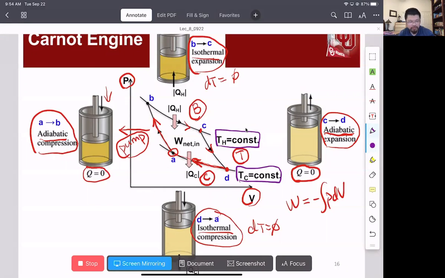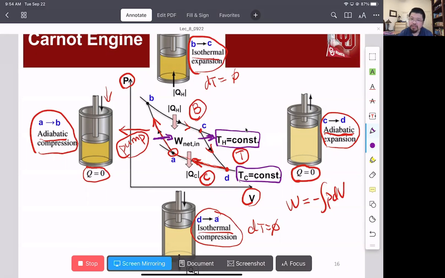So if we take a look at the other information, we realize that we are going to have the work input. Let's say this is the work input, and that is the work output.